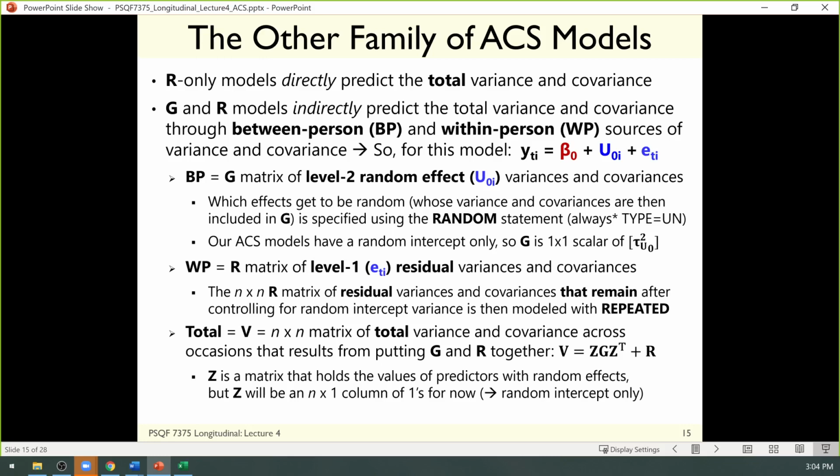Level 1, within person, fluctuation over time, residual variance and covariance is what's left in R. And if you want to put them back together again, that's V. Those of you who are good with matrices, I am not among you, by the way, I'm jealous, but might be looking at this and going, how can you put them back together? They're not the same size. They thought of that. So they get put back together after sandwiching two other matrices around the G matrix to get it to the right dimensions.